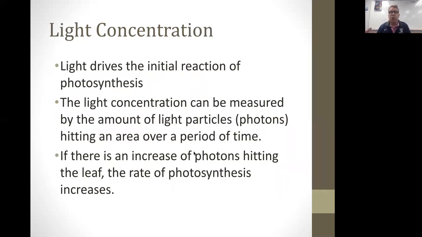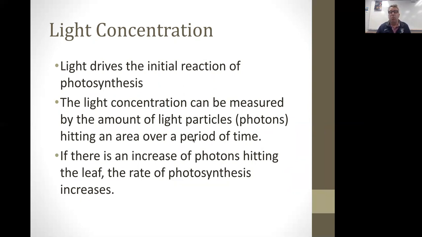So light concentration. This is the amount of light or photons coming from the sun and hitting the plant, because those are the particles that enter the plant cell and excite the chlorophyll, right? When I say excite, I mean the energy activates.